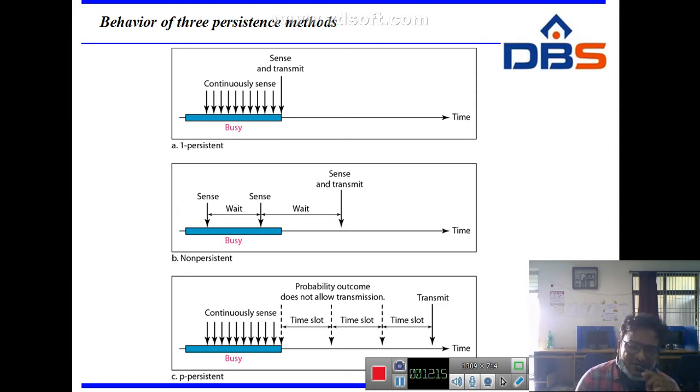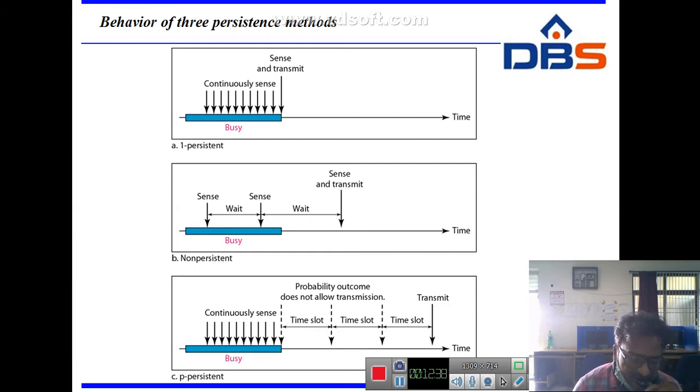To avoid that disadvantage, we go to another method, the non-persistent method. So this was the one-persistent method. To overcome the collisions when more stations try to transmit information at the same time, we go for the non-persistent method.